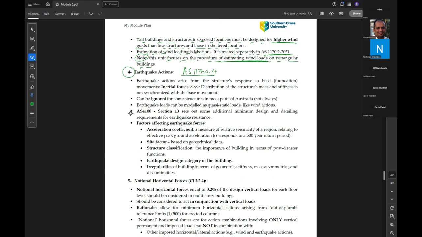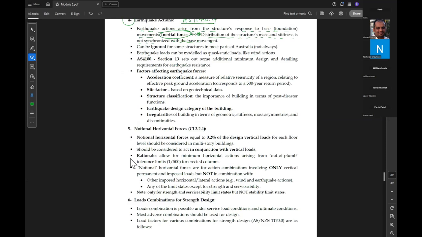But generally earthquake forces arise from the structure's response to base foundation movement, and they are called inertia forces. These inertia forces arise because the distribution of the structure's mass and stiffness is not synchronized with the base movement. Okay, so you can have a look at this part.